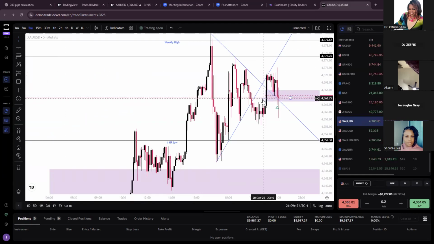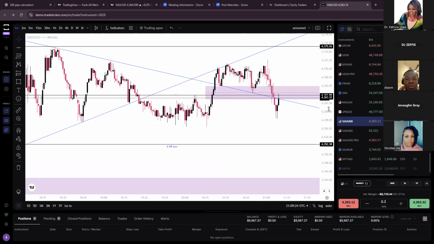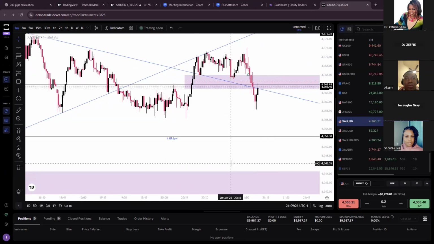All right, so we have a gap here. Looks like price is trying to retest in this gap here to come lower.